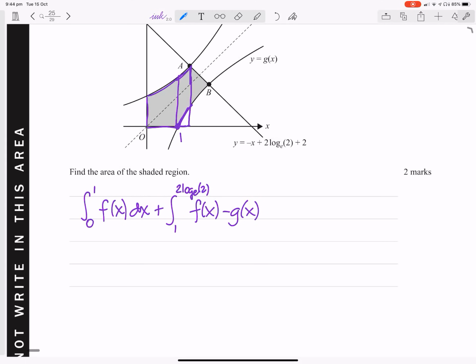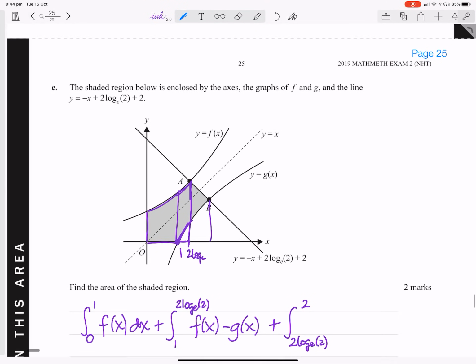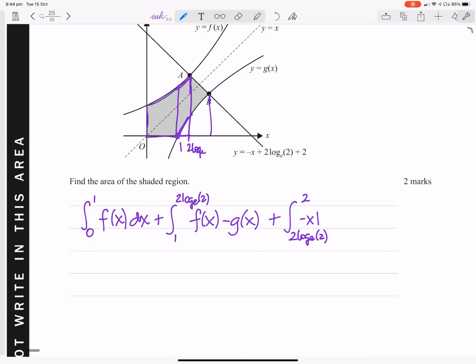And then that's 2 log e 2, so plus from 2 log e 2 up until 2 of negative x plus 2 log e 2 plus 2 minus g of x dx.